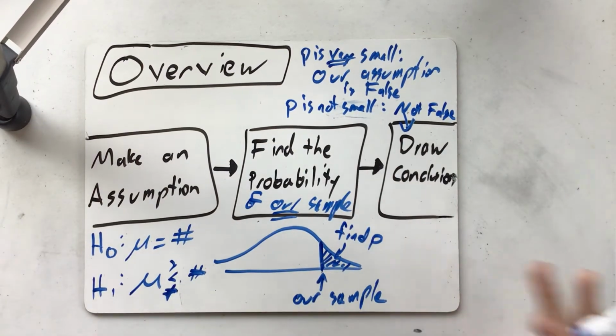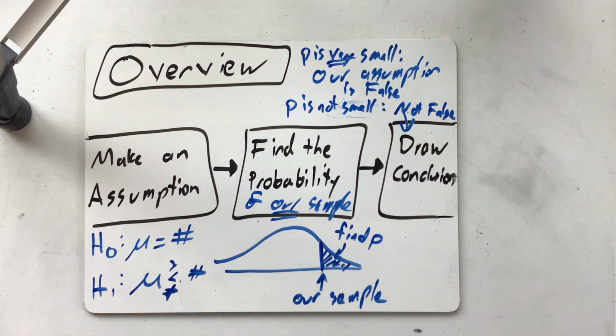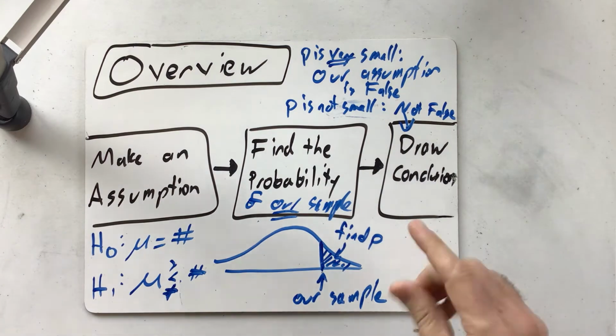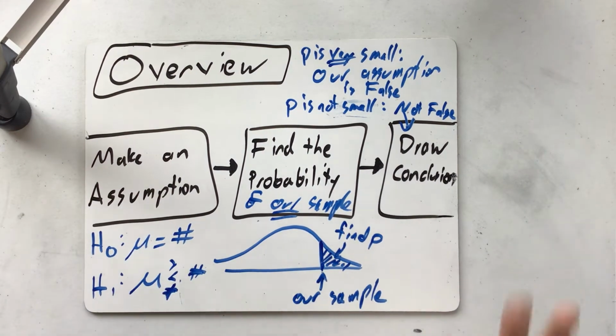I'm never going to prove that my assumption was a true assumption, because if our probability had even, say, a 50% chance of occurring, it doesn't mean our assumption's true. Our assumption could have been true, or it could have been false, and our sample just had the same numbers as they would have had if our assumption was true. Maybe that makes a little bit of sense, and that is that we can't prove our assumption true, we can only prove the assumption false.